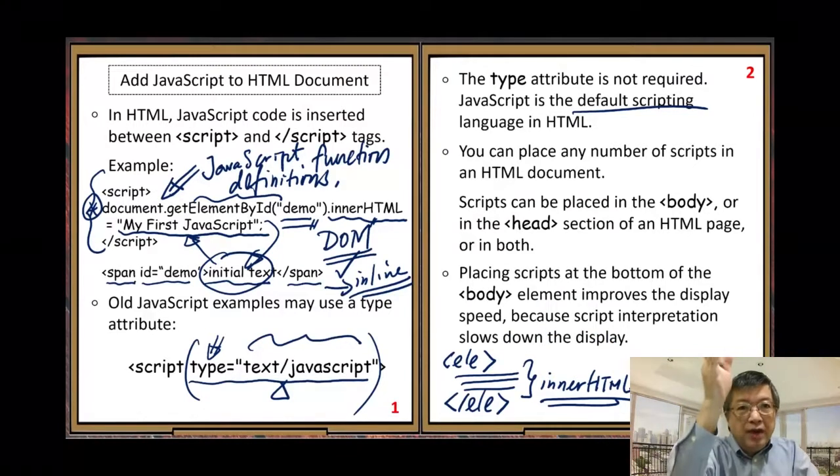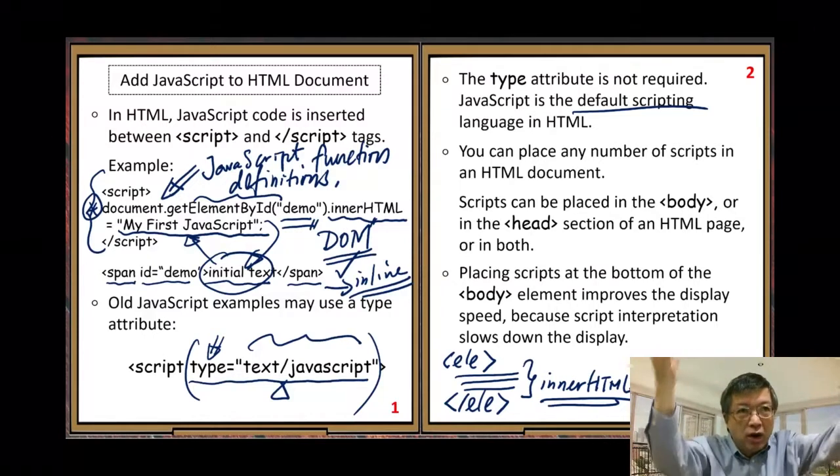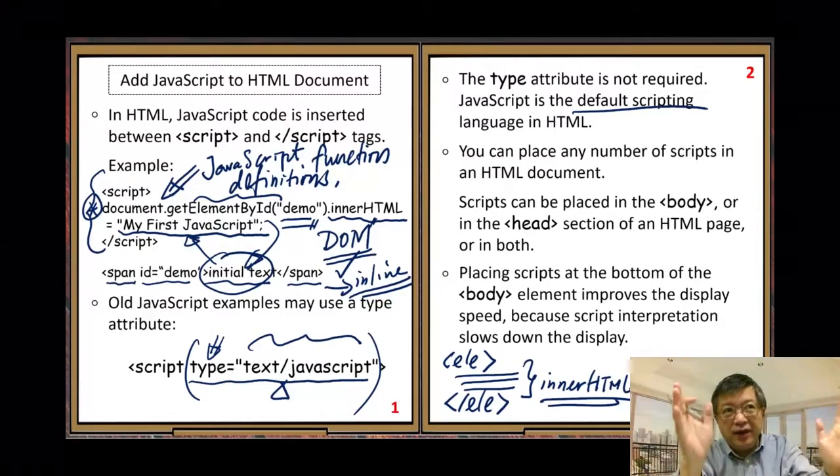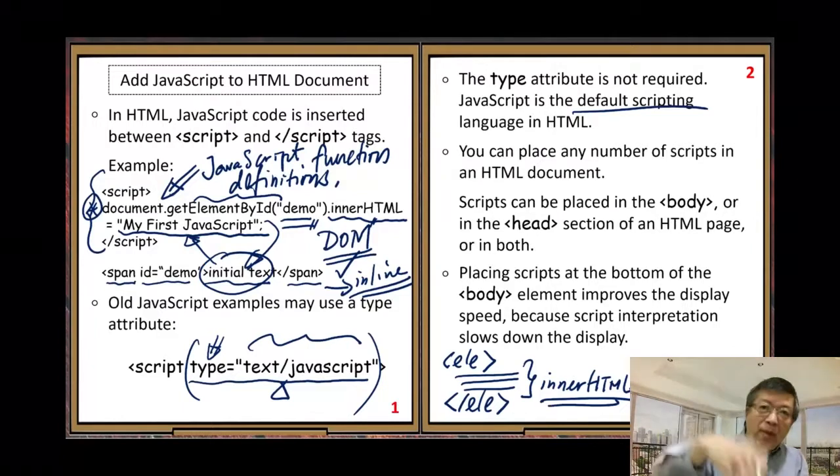Placing scripts at the bottom of the body. Because you have different places you can place JavaScript code, this fact tells you the better way to put your JavaScript: placing scripts at the bottom of the body element. So why the bottom? Because the web browser interprets and renders the HTML document based on the order of the elements.